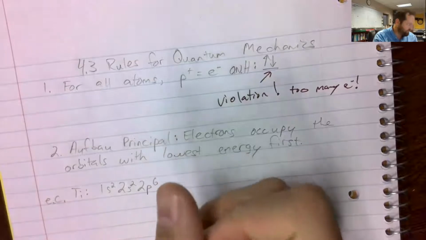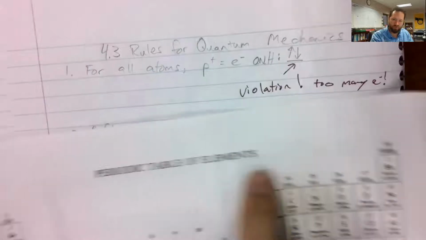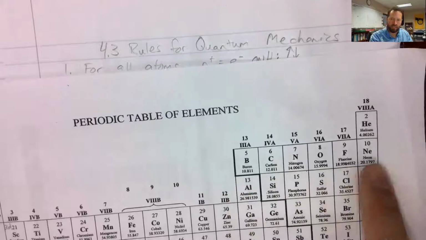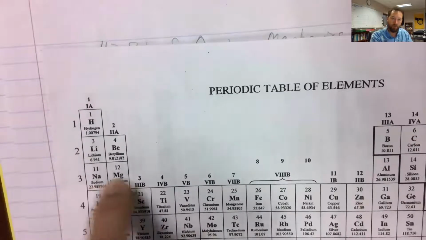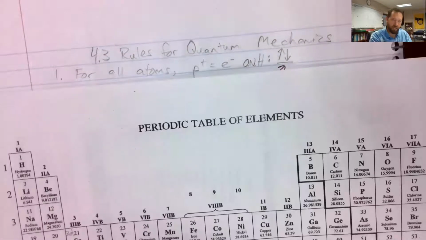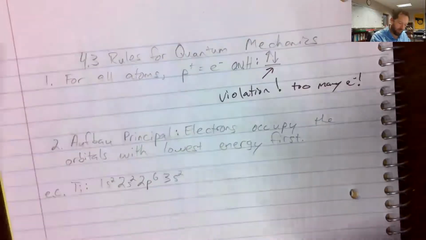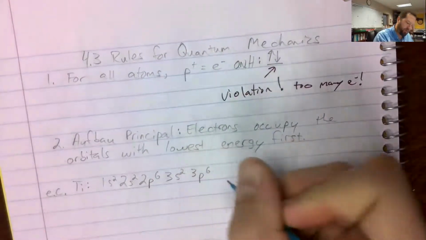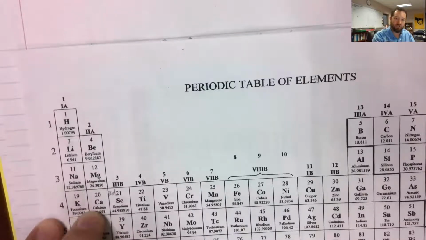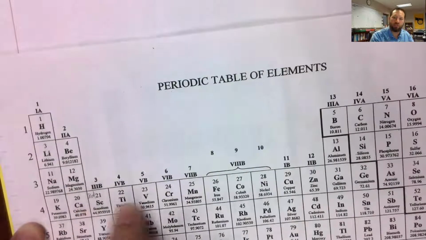2s2, 2p6. So you're going to be following along your periodic table. We start off with 1s2, then we go to 2s2, over to 2p6, and now down to 3s2. No, we're not to titanium yet. He's way down here. So we're going to cross to 3p, fill that up. And then here's where most people make the mistake. They forget that these 2 electrons are in 4s. And a lot of times people just skip right to 3d.